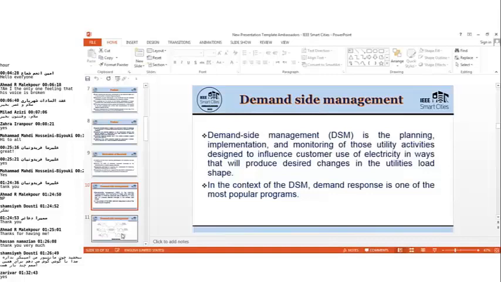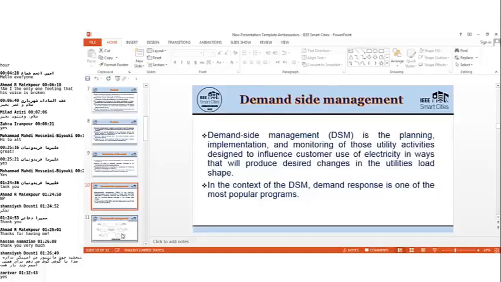In other words, in DSM programs, some instruments and techniques are utilized to induce customers to have a consumption pattern which is suitable from the utility companies' or grid operators' point of view. In other words, we need to dissipate consumption in different hours to have approximately a smooth load profile.